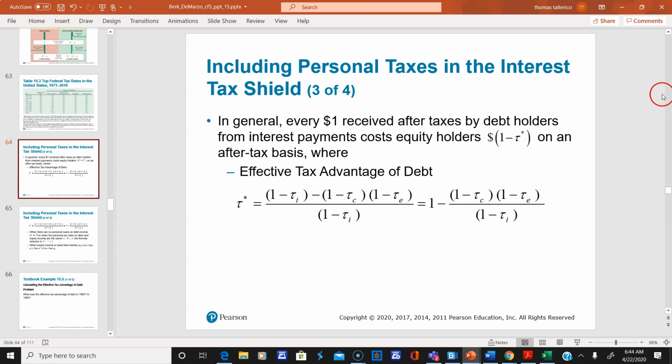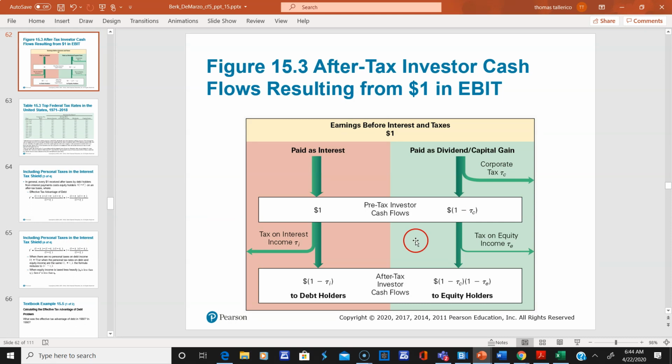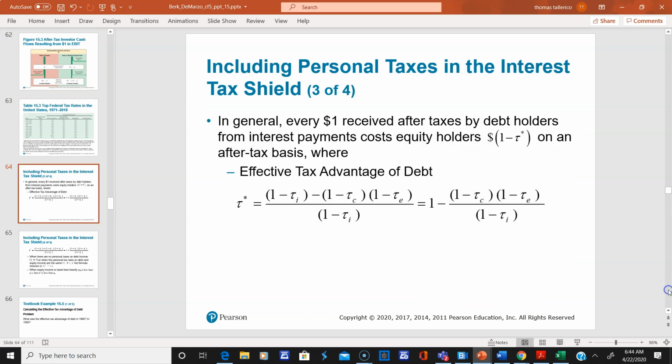If we go back for a minute and look at what I, C, and E stand for: here's tax on interest income, here's the corporate tax, and here's tax on the equity income for the shareholders. This is the effective advantage that bondholders have.